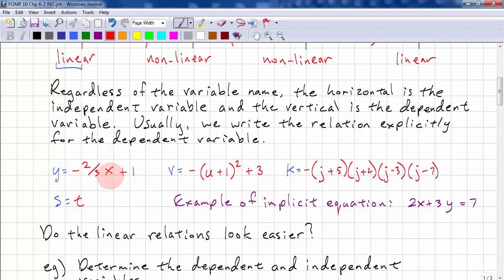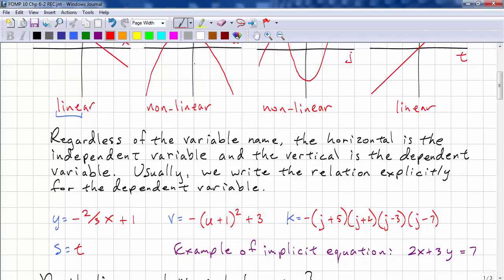It depends on what x is. And because we have y equal, it's called explicit. So y equals negative 2/3 x plus 1. V equals negative, in brackets, x plus 1, all squared, plus 3. And this happens to be this function here.